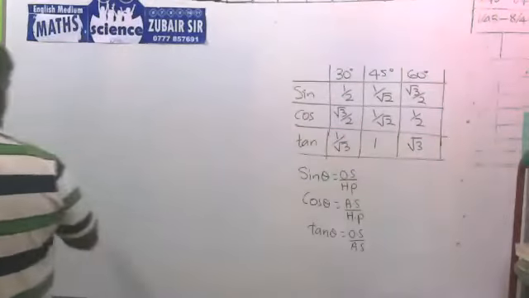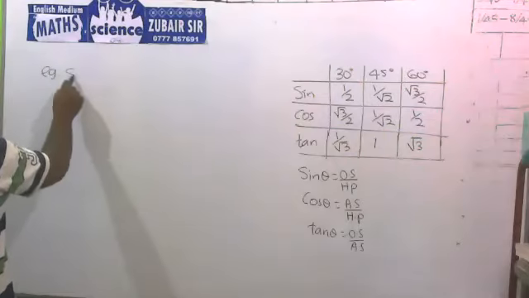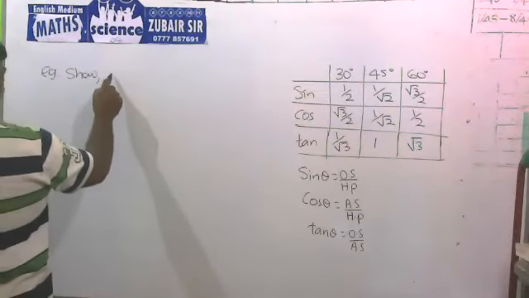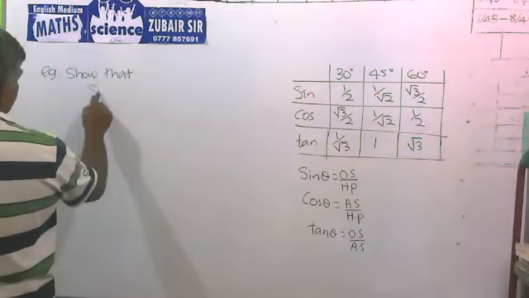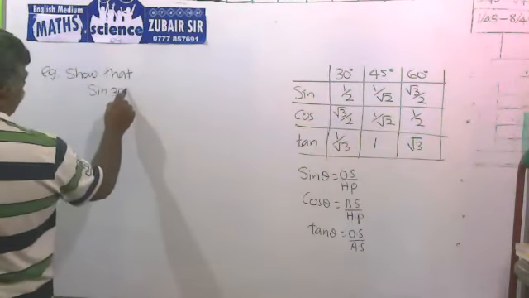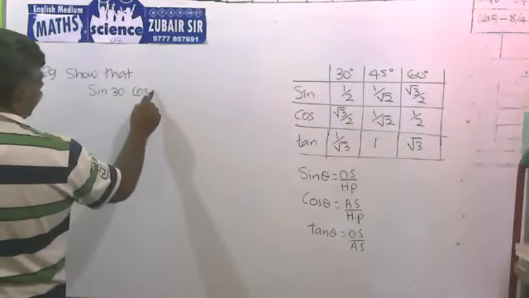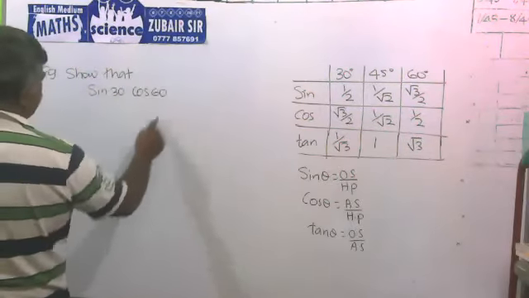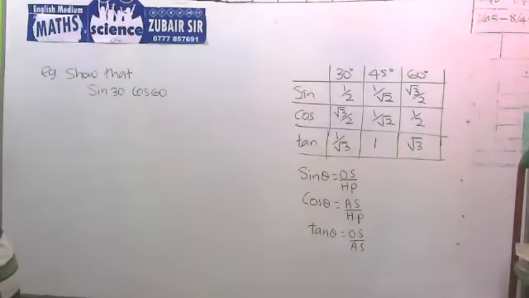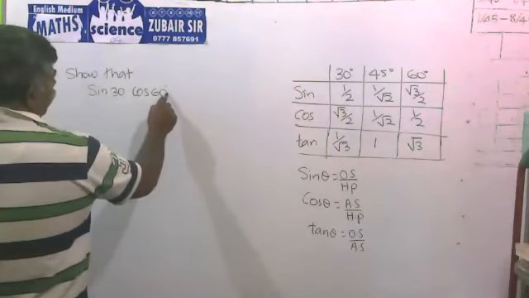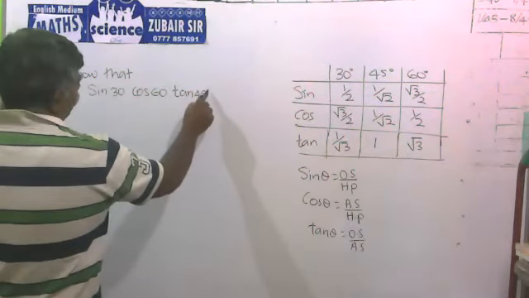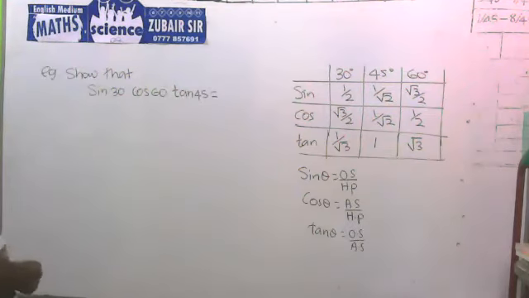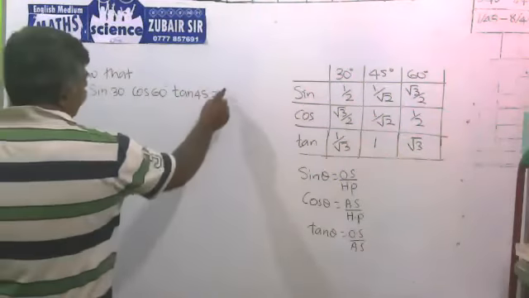Right. Now write this example. Show that sin 30 into cos 60 into tan 45 equal 1 over 4.